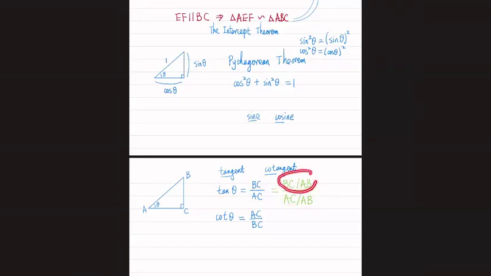Now we realize this is sine, this is the cosine, so tangent is the quotient of sine over cosine. Similarly, cotangent, divided by the same factor.